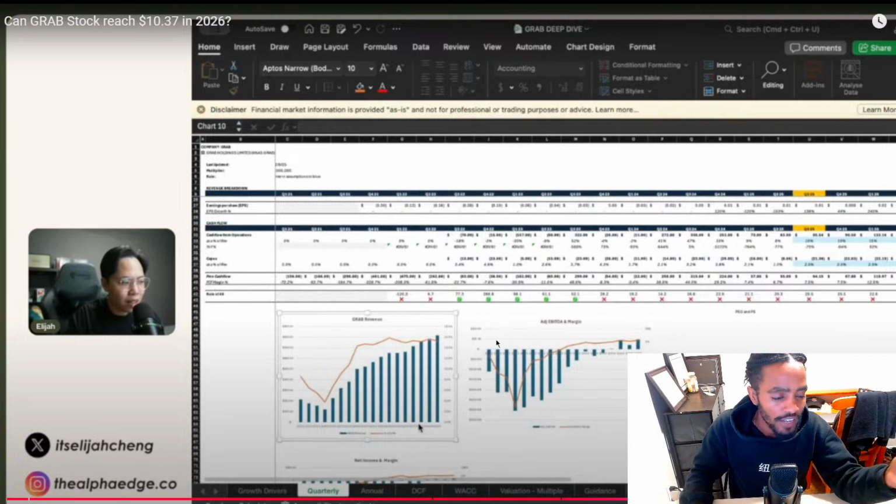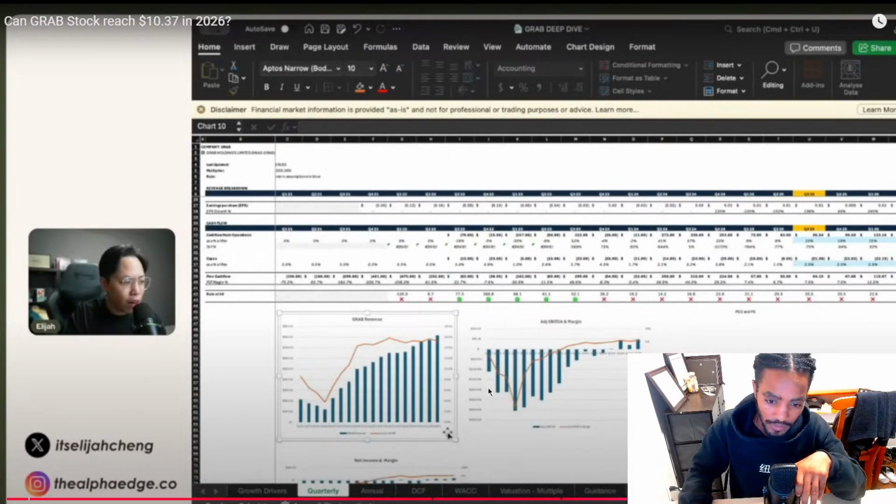And if a new company wanted to enter the market and compete against Grab, I think it's going to be very difficult because Grab already has built in the network effects, the moat, and it's going to be almost impossible for new entrants to give the discounts and the efficiency that Grab has been able to build within the community, as well as the region and the technology that they've been able to build out. So I think that is such a big part of Grab's moat there.